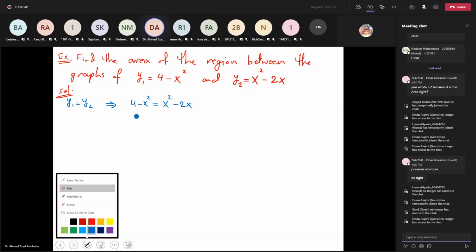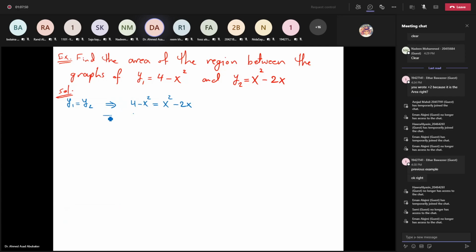So we have the equation: move negative x squared, we have 2x squared minus 2x minus 4 equals 0. By dividing by 2, we have x squared minus x minus 2 equals 0.